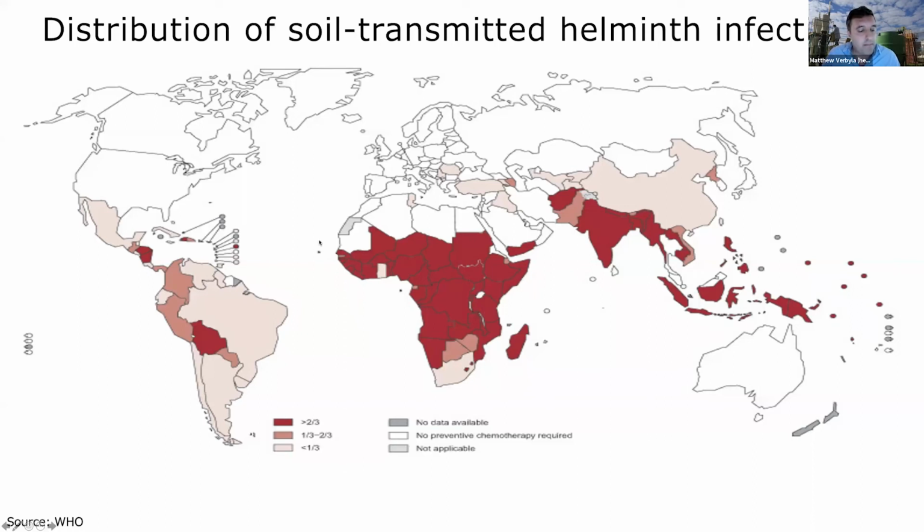So if composting toilets are used in tropical climates and the compost is then used as a soil amendment, this might put humans at exposure for contracting new helminth infections.